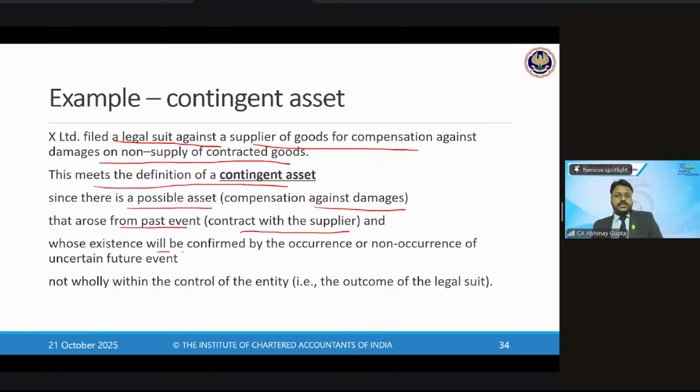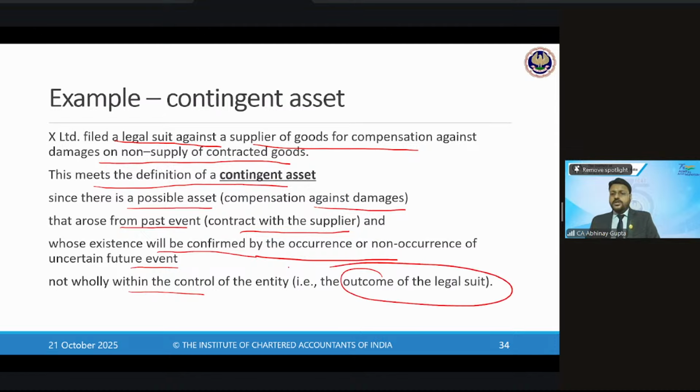Its existence will be confirmed by the occurrence or non-occurrence of an uncertain future event not wholly within the control of the company, that is the outcome of the legal suit. So if the court decides in favor of the company that the supplier needs to pay the penalty to the buyer, then the buyer company will eventually be receiving the damages.